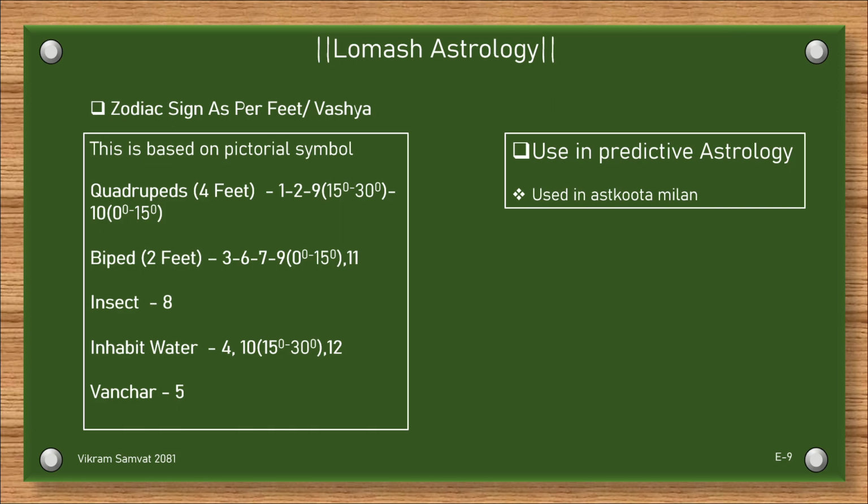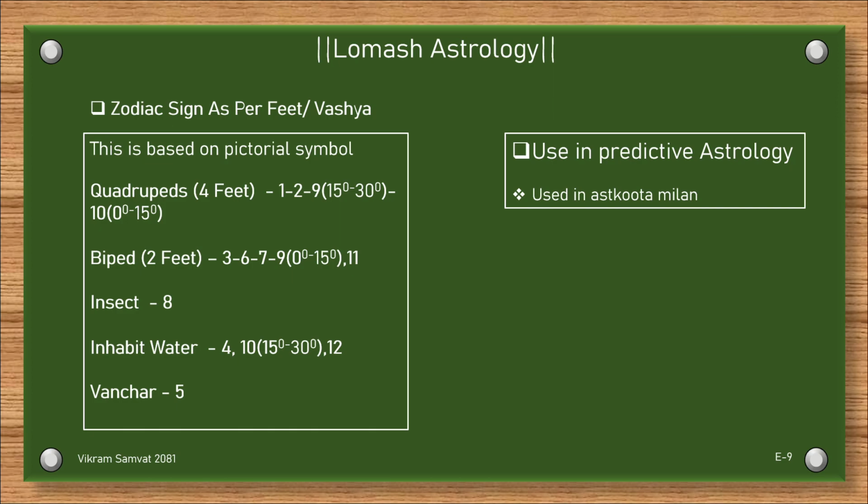But suppose the boy is Ram, or you can say Aries, and the girl is Leo, then what will happen? Leo means lion, and a lion can eat a ram, which means the boy is kind of food for the girl. This is very interesting and funny also, but this is how matchmaking happens.